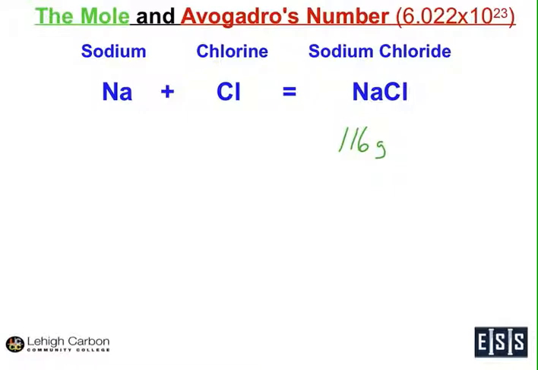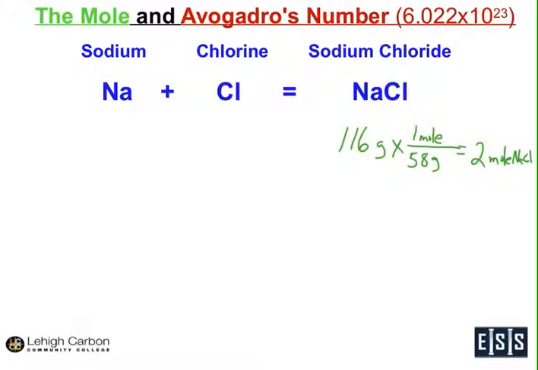Well, we know that if we had 1 mole of sodium chloride, it would weigh 58 grams. But we want 116, which means we're trying to make 2 moles of sodium chloride.